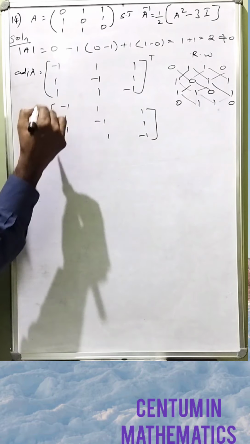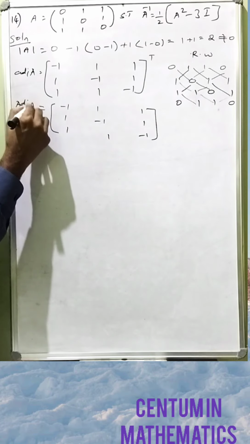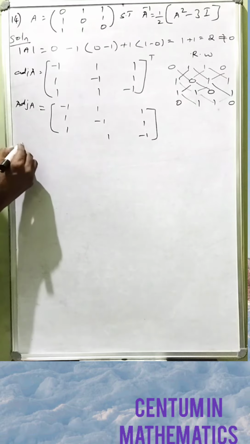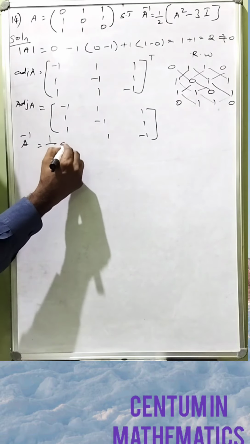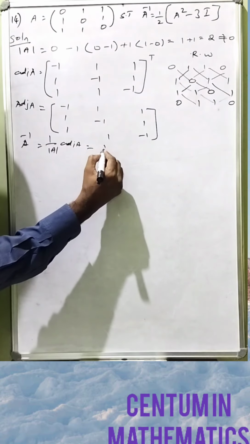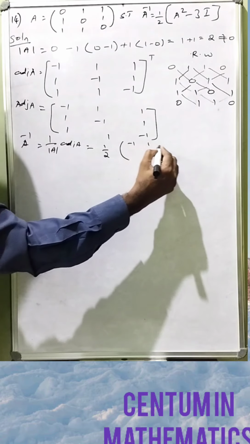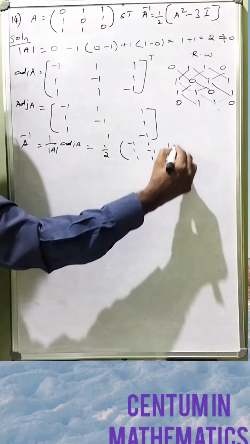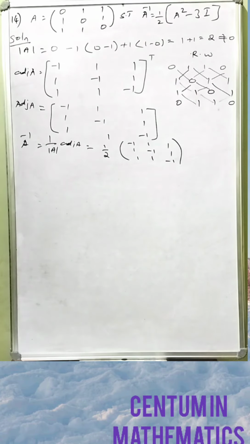It is adjoint A. We find it by transpose. Now the A inverse formula, you are thorough: A inverse equals 1 by determinant of A into adjoint A. The determinant of A value is 2, so 1 by 2 into minus 1, 1, 1, 1, minus 1, 1, 1, 1, minus 1. It is that A inverse.